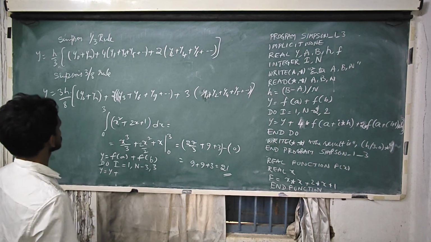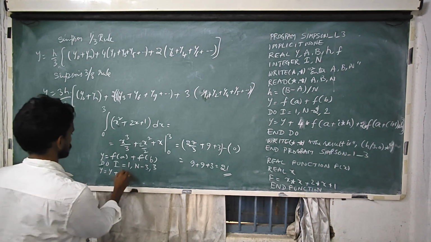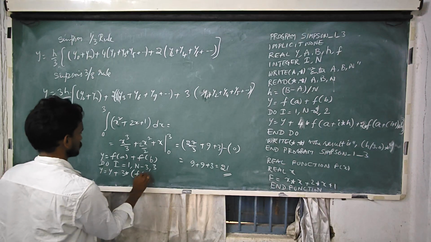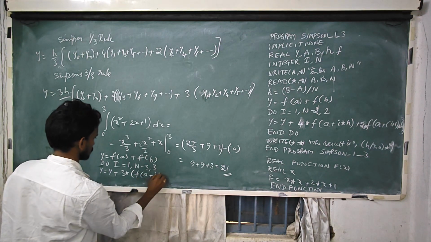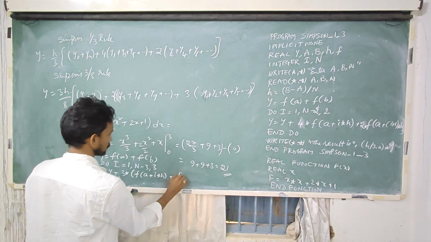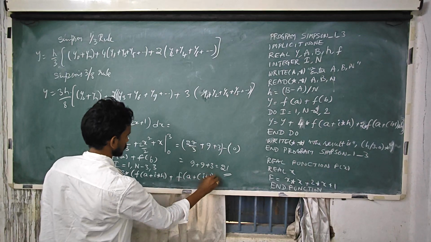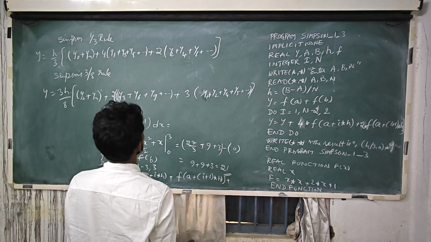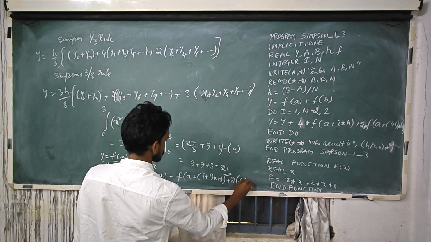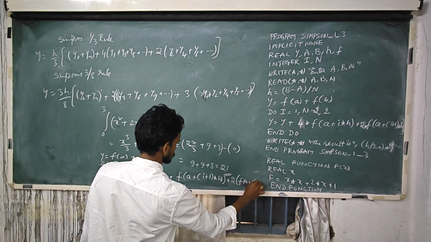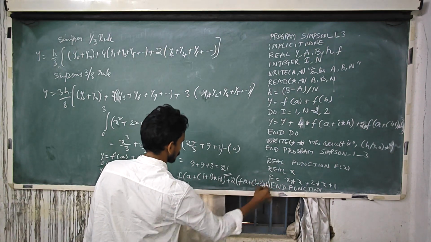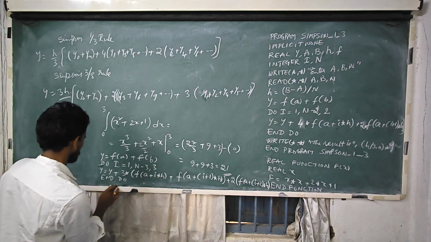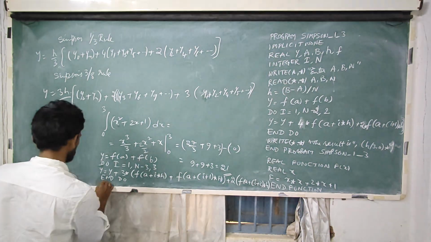Y is equal to y plus three times f of a plus I star h plus f of a plus I plus 1 star h plus 2 times f of a plus I plus 2 star h. And do, and the result is 3h by 8.